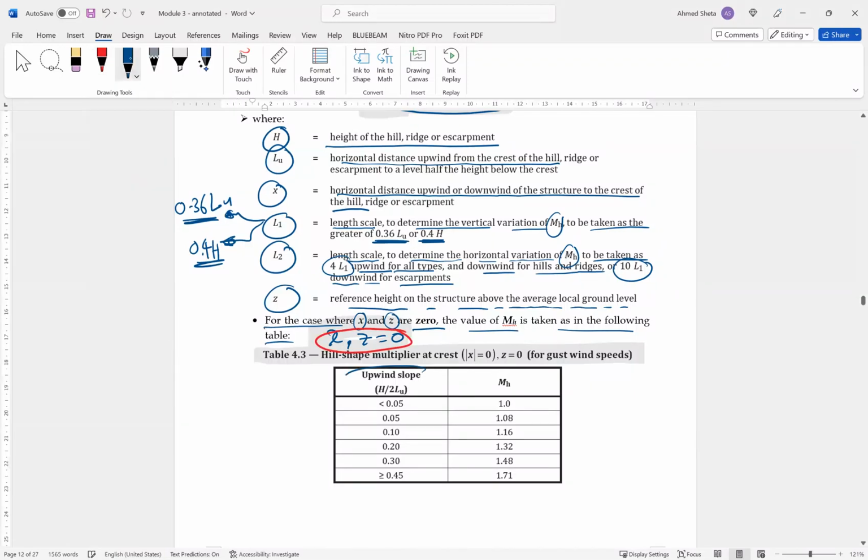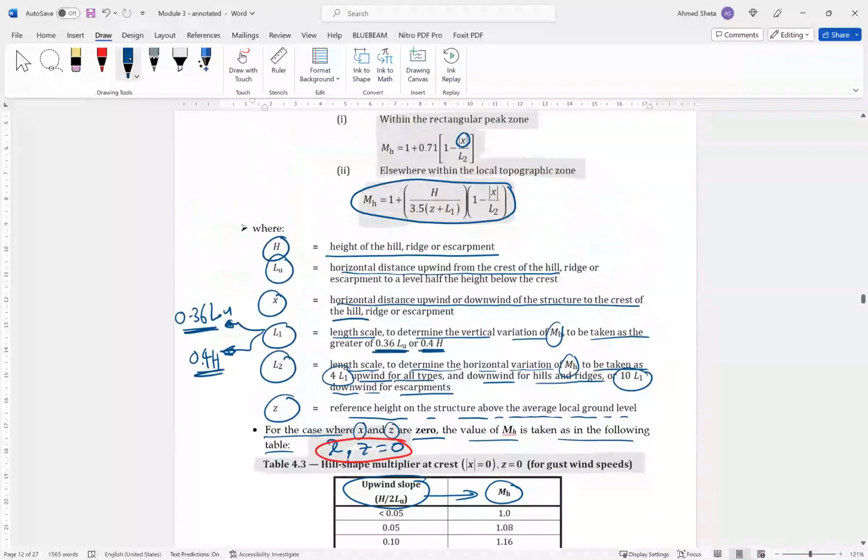So for upwind, slope, and MH, for these cases you can find MH.